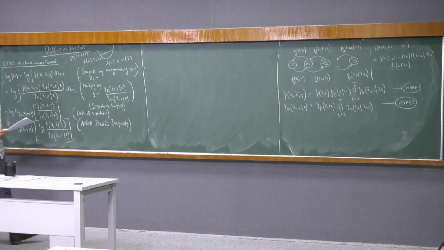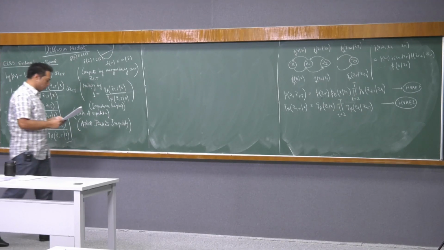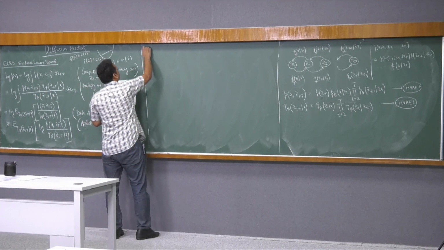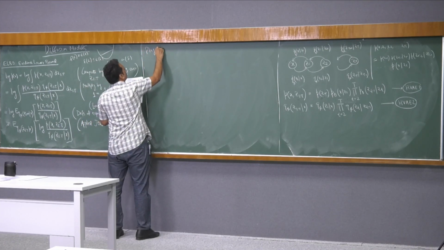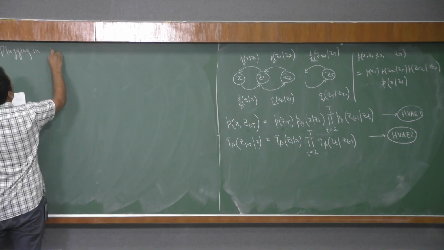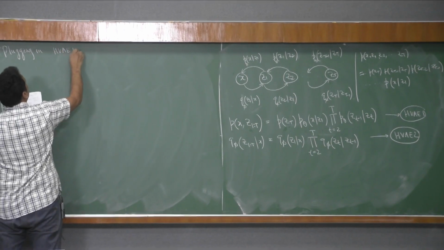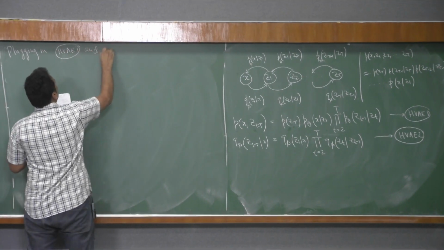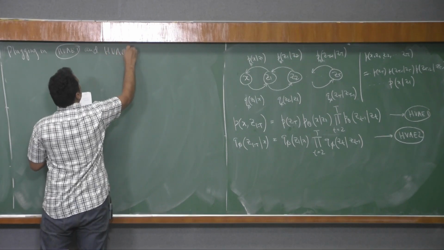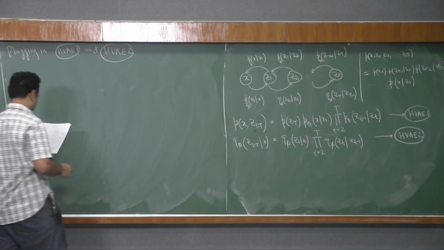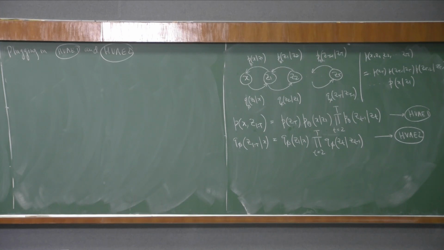So plugging in HVAE1 and HVAE2, in this last equation we can also name this as HVAE3. We might need this HVAE3.